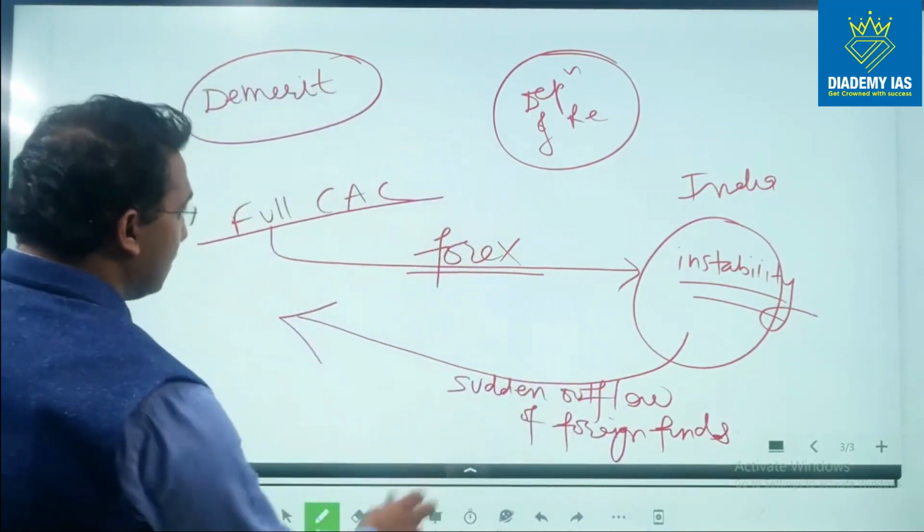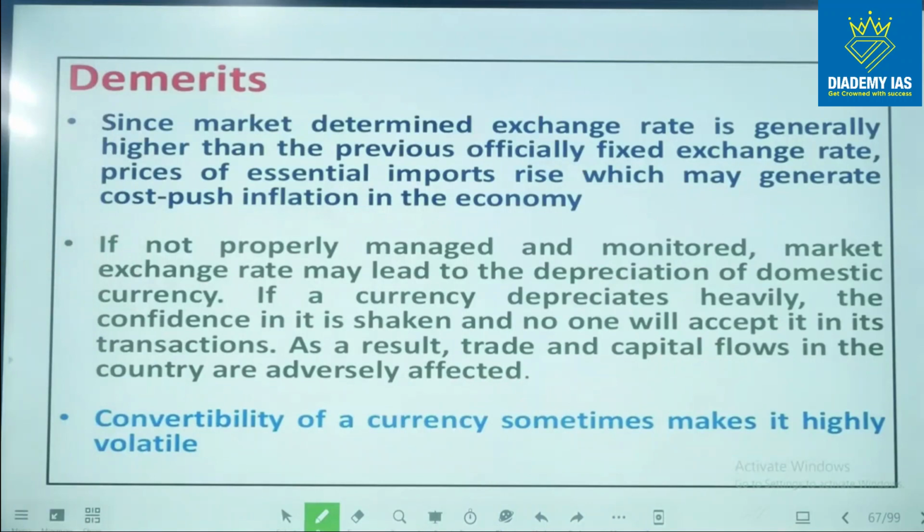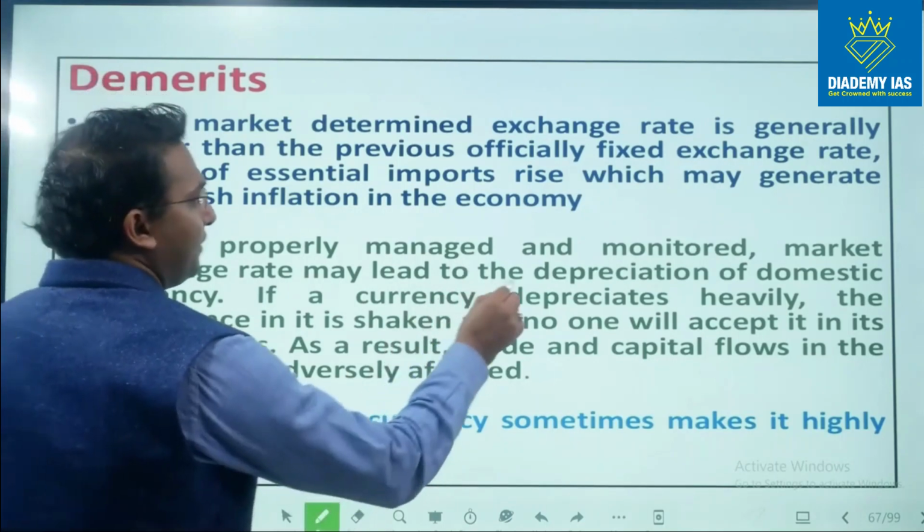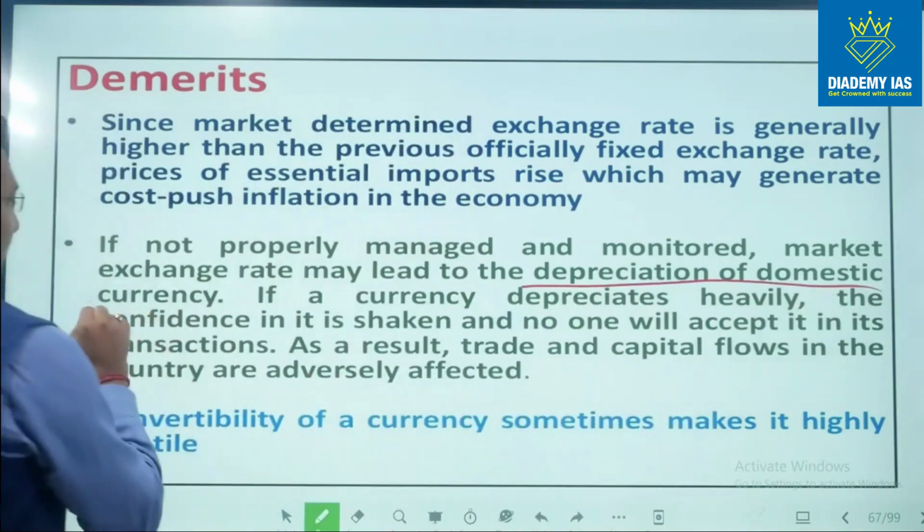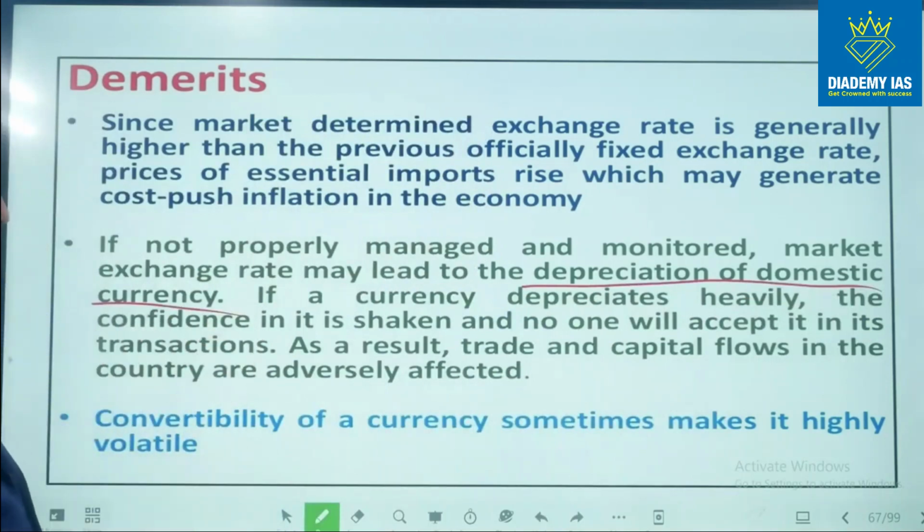So now you read this. This first point is not that important for you. You start from the second point. If not properly managed and monitored, market exchange rate may lead to depreciation of domestic currency, Indian rupee.